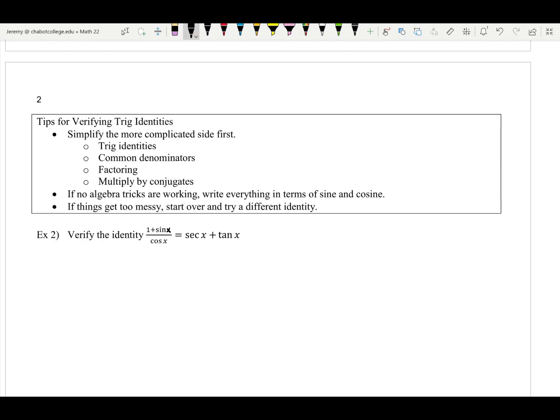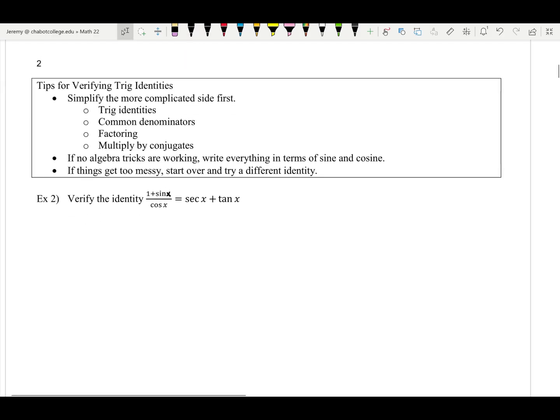So now we want to start talking about verifying trig identities. This is a skill that we're going to be honing over the course of this chapter. What verifying trig identities means is, we'll be given some identity, like down here in example 2. It is being asserted that 1 plus sine of x over cosine of x is equal to secant x plus tangent of x.